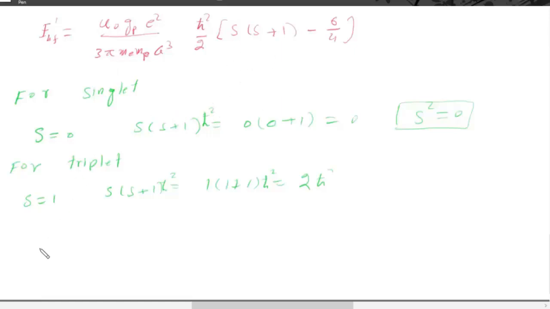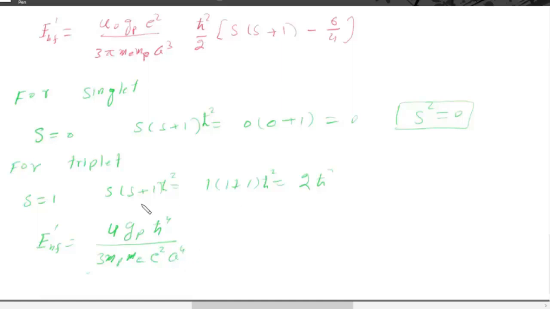Now then we can write here E_HF is equal to, and here the μ0, and put the value of the μ0 here, and then we can write these equations like this: 4 g_p ħ⁴ divided by 3 m_p m_e c² a⁴.